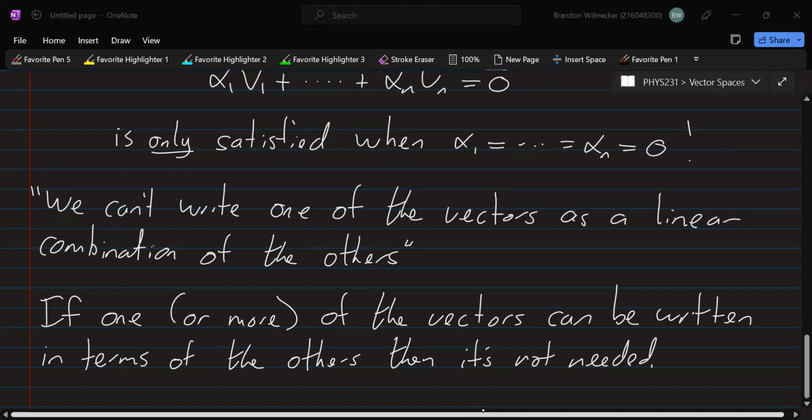Because if it can be written in terms of the others, we can just keep the others and throw that one away. It's not adding anything to our set, so we can throw it out.